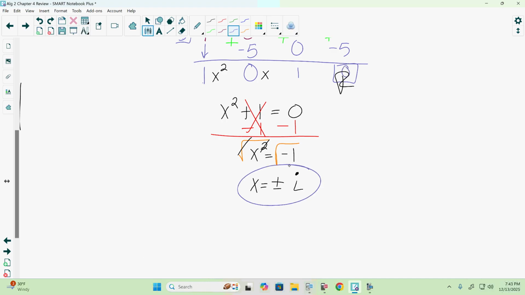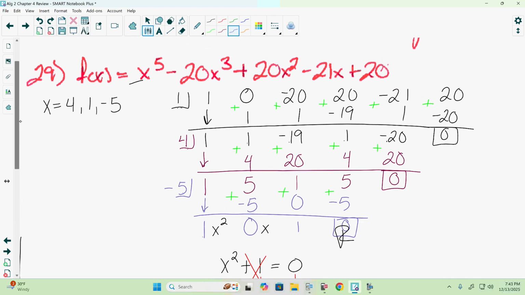So the other two solutions are positive and negative i, telling us the solutions for problem number 29 are 4, negative 5, and plus and minus i. We will need all. Because degree 5 should be 5 solutions: 1, 2, 3, and this counts as 2 because of the positive and negative. We have a total of 5.